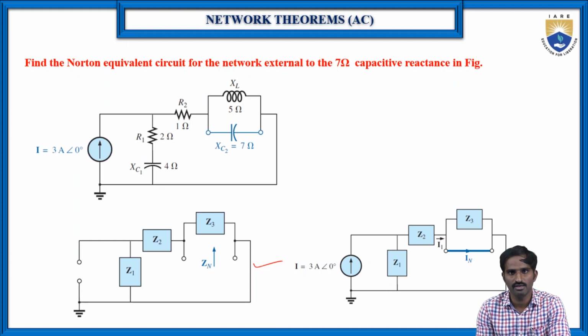The procedure is that we should replace the active elements, which are voltage or current sources. Here there is only one current source, and the current source is replaced with an open circuit. If it is a voltage source, then the voltage source must be replaced with a short circuit. Anyway, here we have one current source, so that current source is replaced with an open circuit.